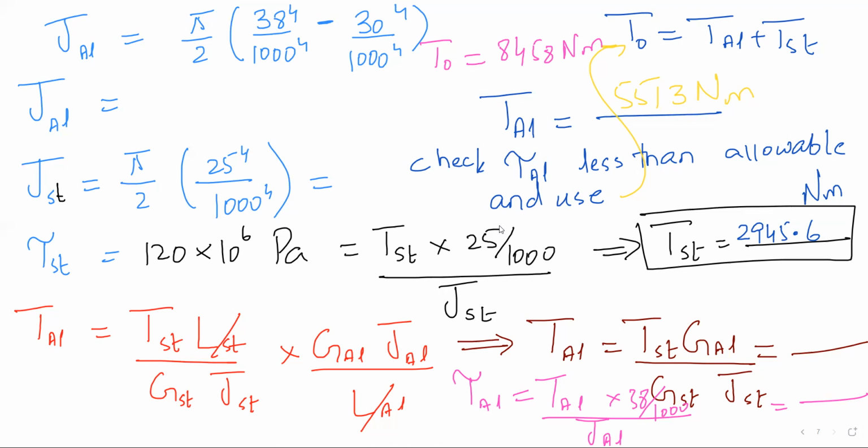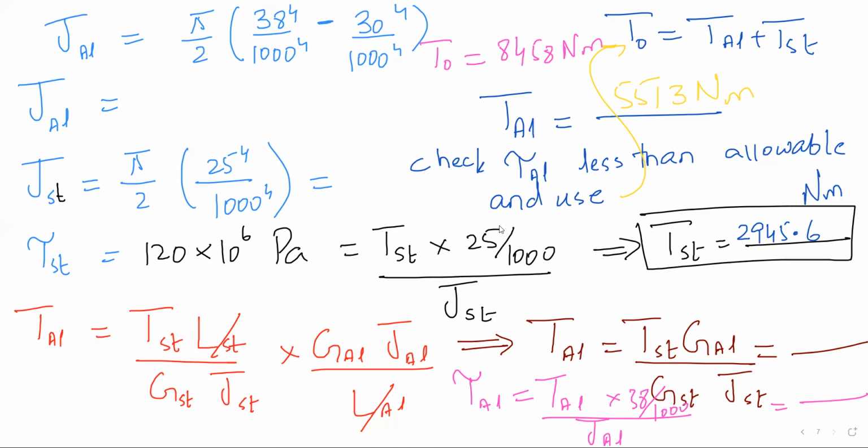And this is 6.14 into 10 power minus 7. Seems correct. You multiply that with 27 into 10 power 9, which is G of aluminium.